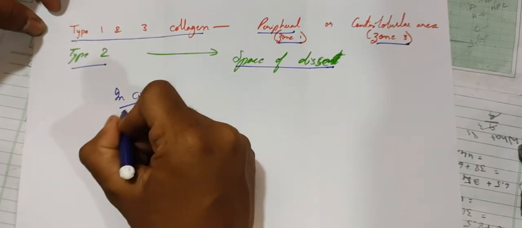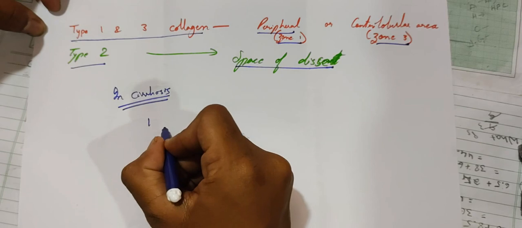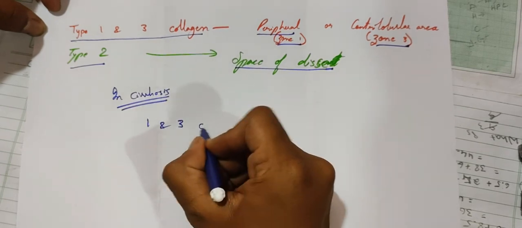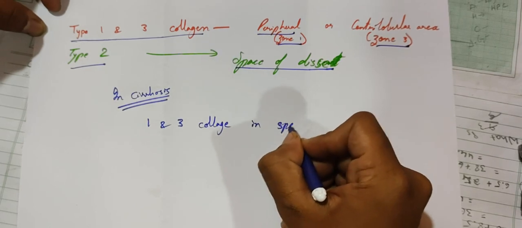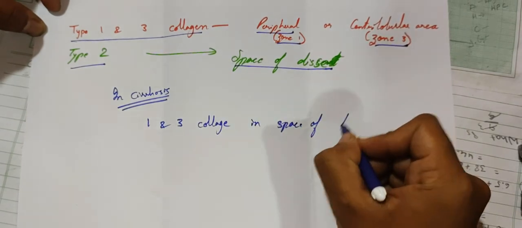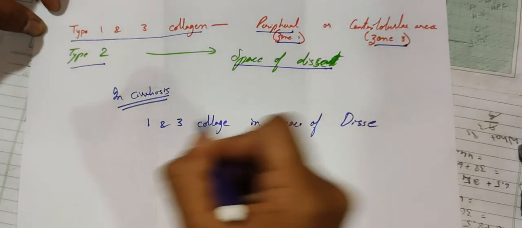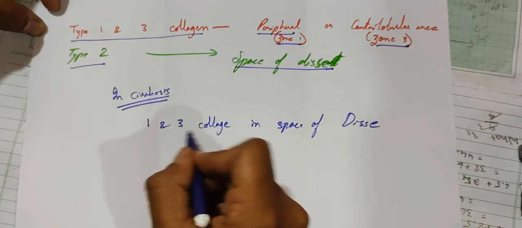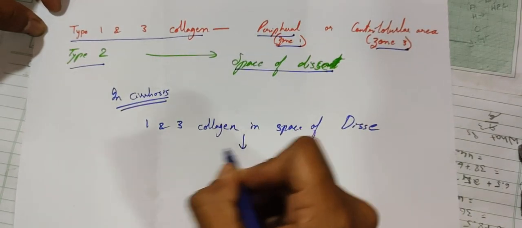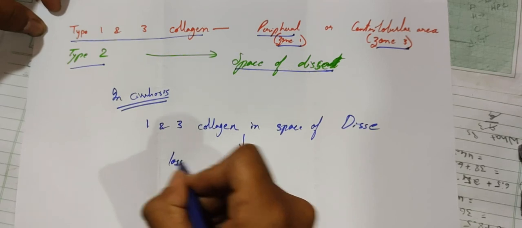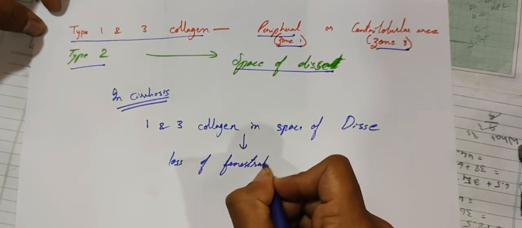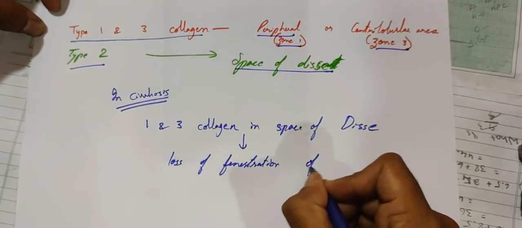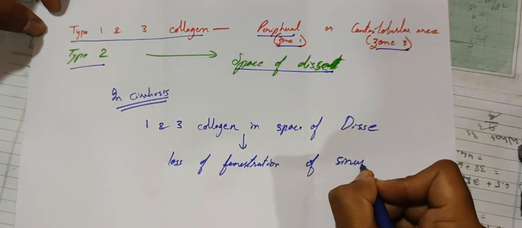In cirrhosis, you will be seeing type 1 and type 3 collagen in the space of Disse. Because of accumulation of type 1 and type 3 collagen, it leads to loss of fenestration of sinusoids.